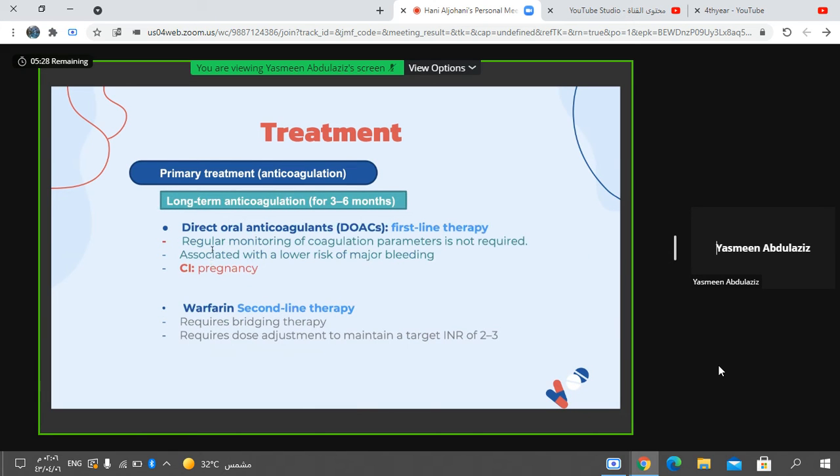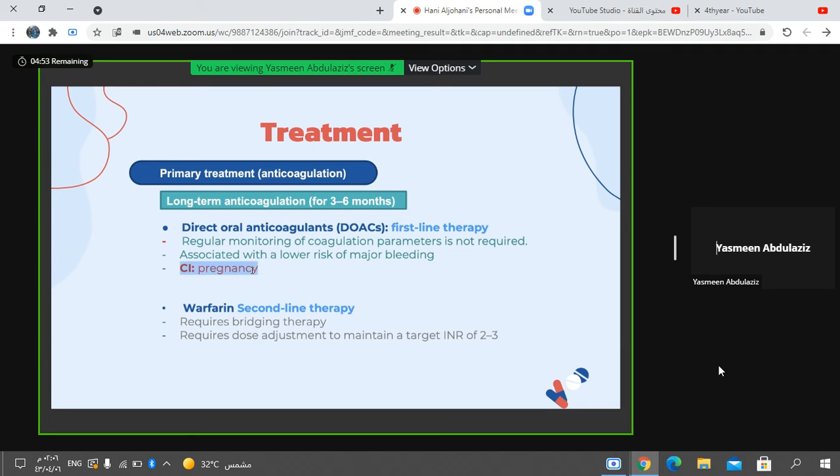For long-term anticoagulation, after these few days, the patient should continue on the direct oral anticoagulants. It's the first-line therapy. It has many advantages over warfarin. There are no regular monitoring parameters required, unlike warfarin, and it's associated with a lower risk of major bleeding.